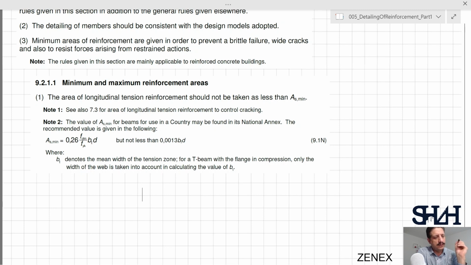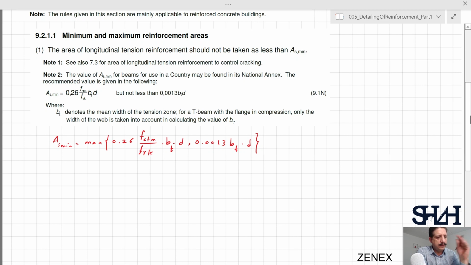For those who are writing the code or a spreadsheet to calculate, As,min is always the maximum value of 0.26 fctm divided by fyk times bt times d and 0.0013 bt times d. bt is the mean width of the tension zone.